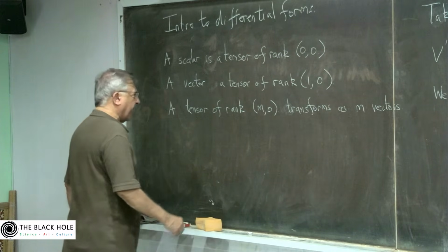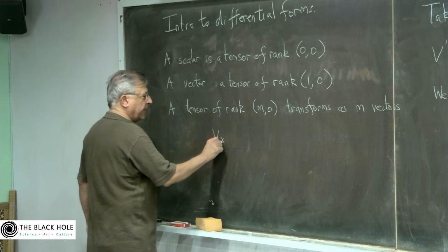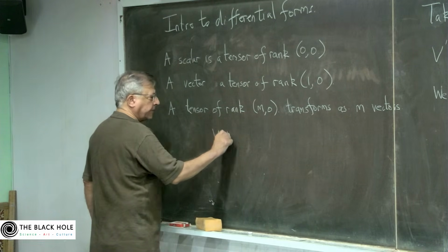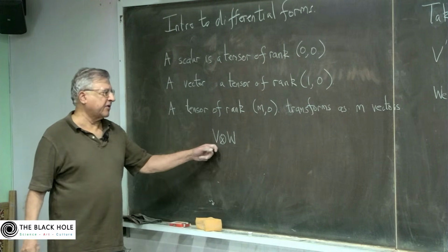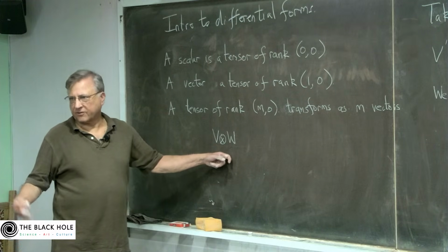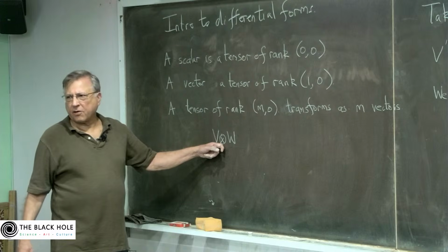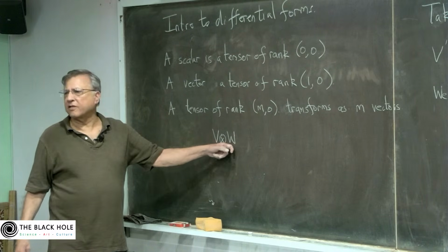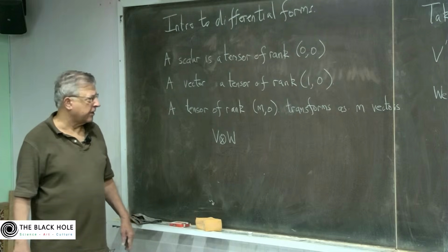So if I have V, W, then V transforms as a vector, W transforms as a vector, then this will transform as two vectors. The tensor product means that this has got nothing to do with this. They're completely different things.